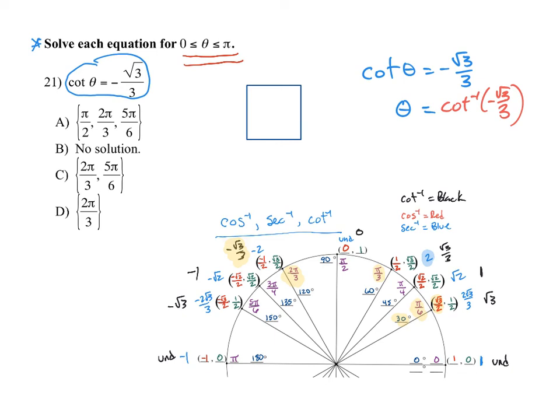We said that cotangent was black. I meant to highlight that, not cross it off. So we're going to look at the black numbers, and we're searching for negative square root of 3 over 3. Ooh, we already used it. There it is again, and that means the answer to this one is 2 pi over 3. So 2 pi over 3 is right here. It's letter D. I'll put D in the box, I'll put it on my ZipGrade, and we're good to go.